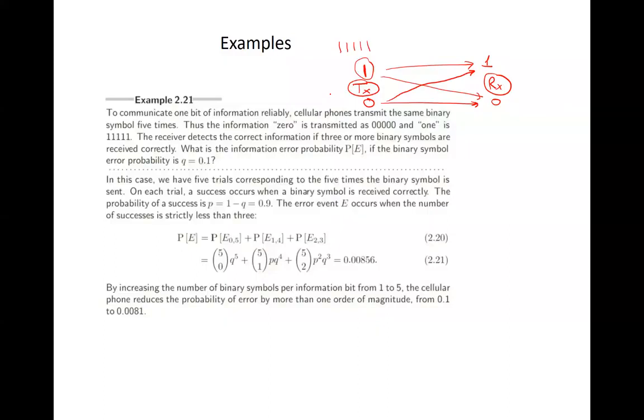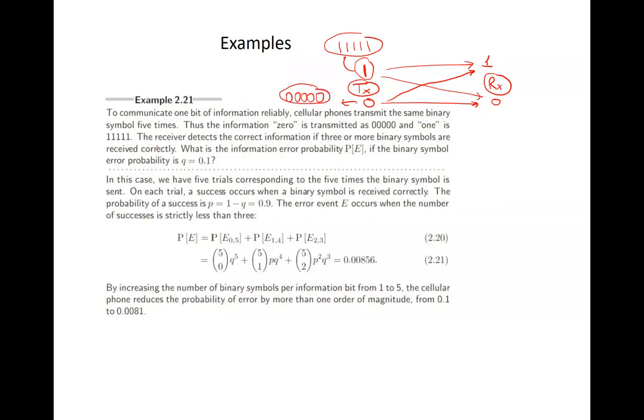Otherwise, I simply conclude that binary 0 was transmitted. So here we have an example. We transmit 5 ones for binary 1, and 5 zeros for 0, and count the number of ones and zeros.